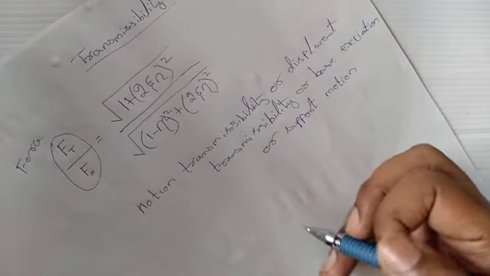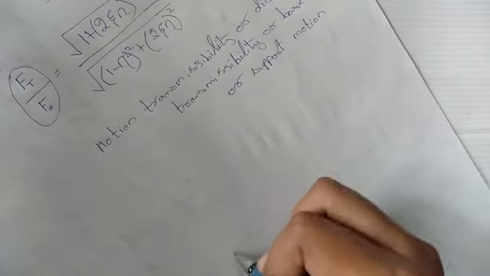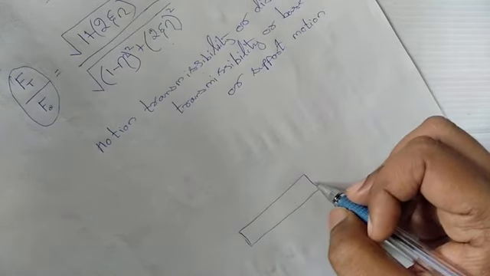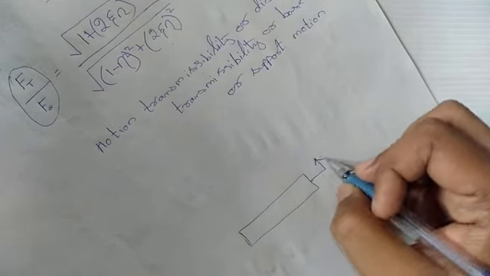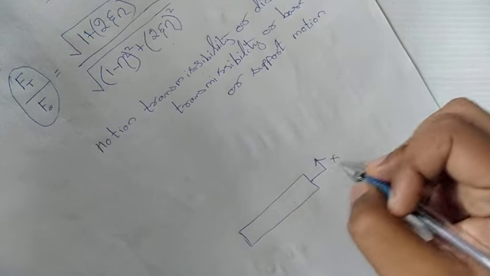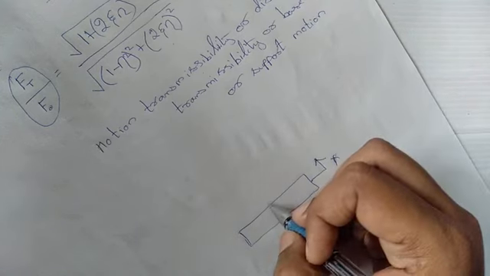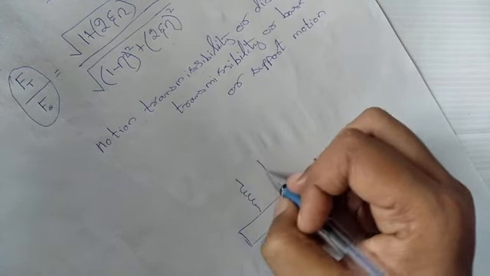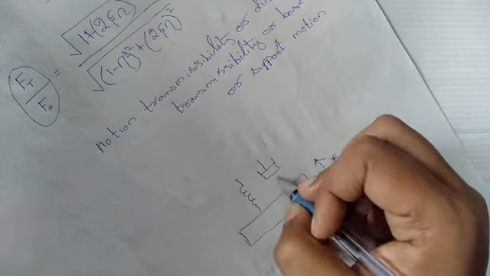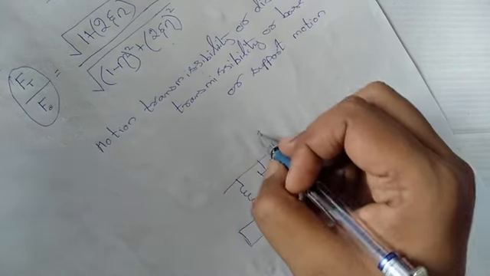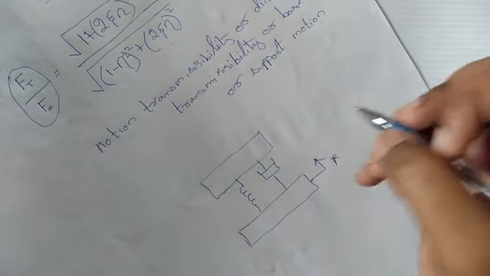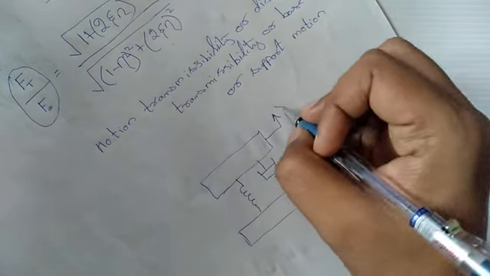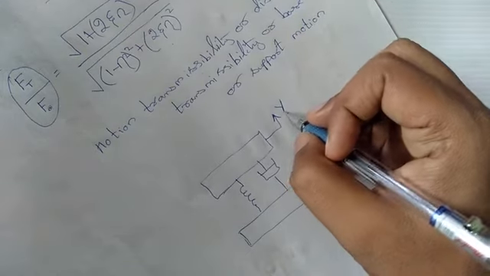So suppose you have, say, a structure which is vibrating with motion x. This has a spring and a damper system, and then you have some mass over here, which is vibrating with amplitude y.